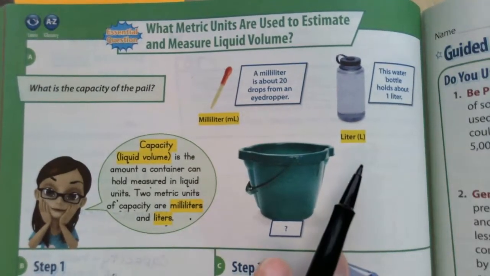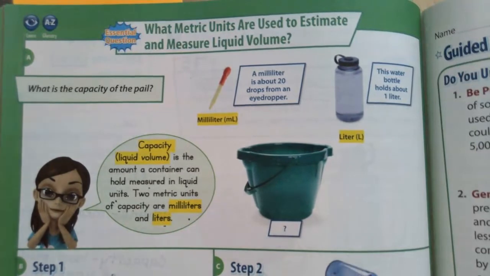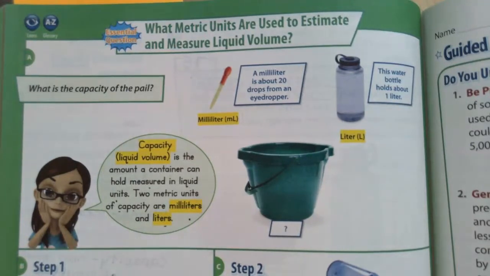Now right now I want you to see if you have a bottle or something at your house that measures in liquid. You may see that things are also measured in pints, gallons, and those are the standard units.